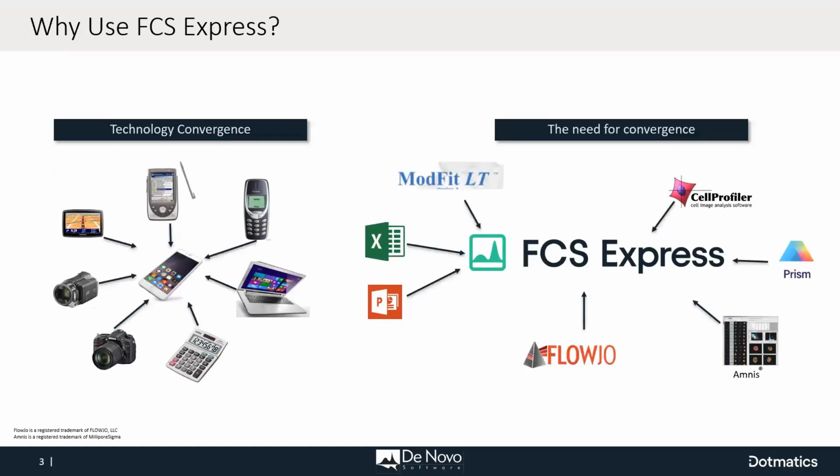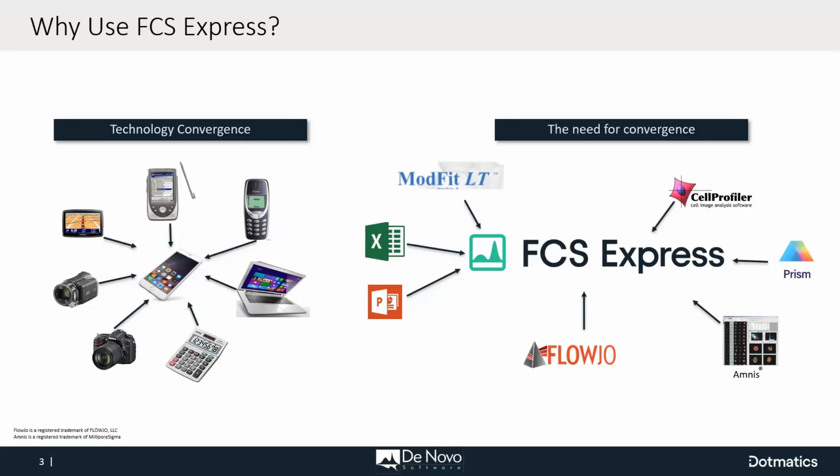All right, so let me just talk a little bit about why people have used FCS Express. I know this is kind of an old picture that you see here, technology convergence, but this picture goes to what we all deal with when we use different softwares, and that we have to export or import different things into something. In this example, our phone is able to take in all these different types of technologies that we used to use individually, and we're able to carry it into a convergence of one thing.